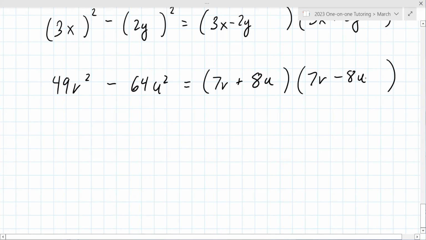Let's have you do one more here. Just increase the difficulty a tiny bit. Let's go 81 p squared minus 121 q squared. And after this, we'll go to perfect square trinomials.